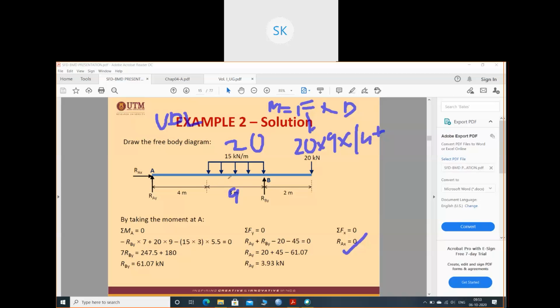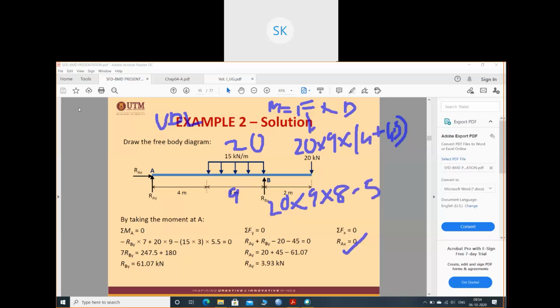So what is the easy point? Take the half of the distance. So what is half of 9? 4.5, right? So that's how it will be. 20 into 9, and the distance will be 4.5. Have you understood?